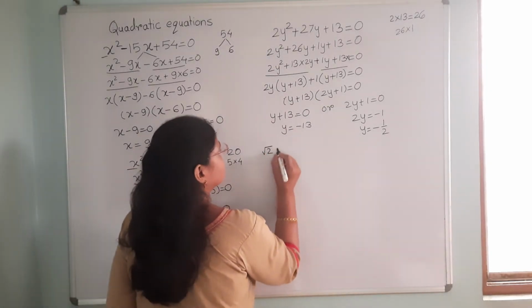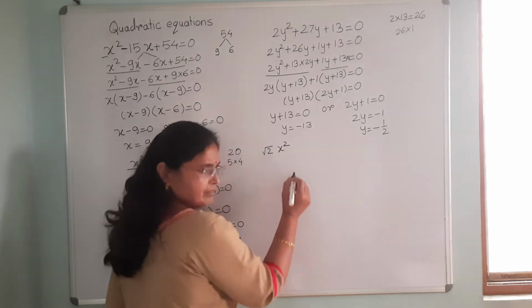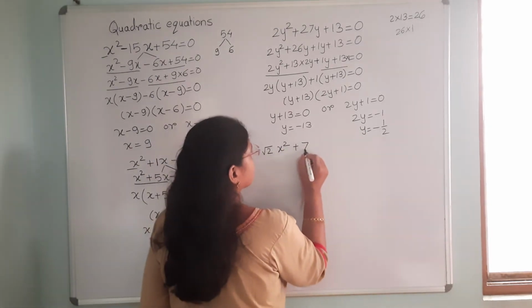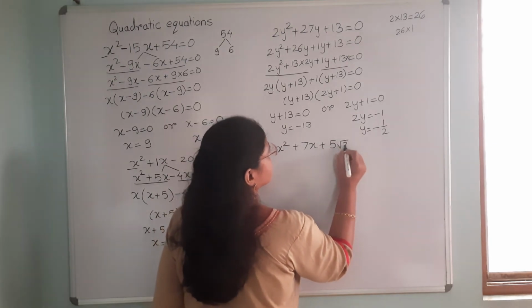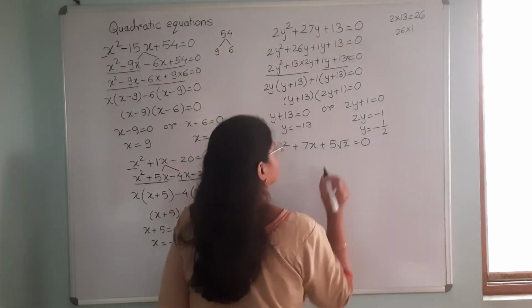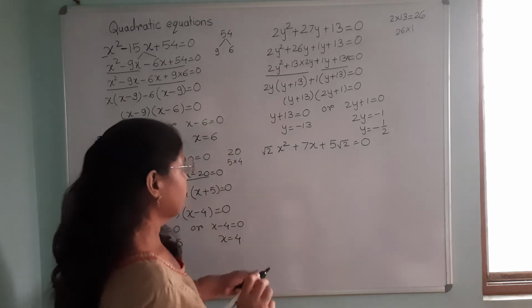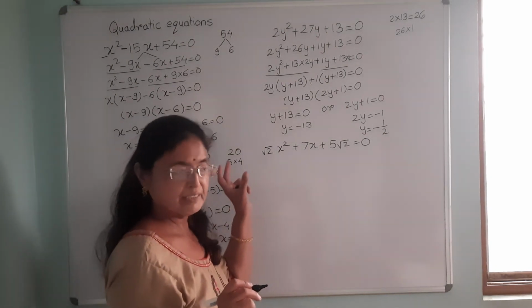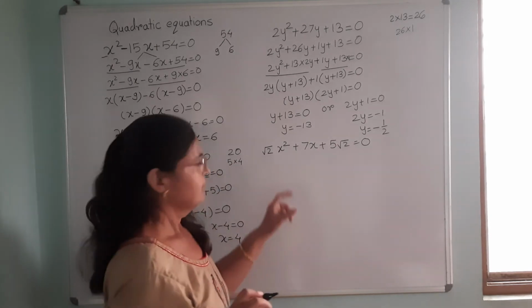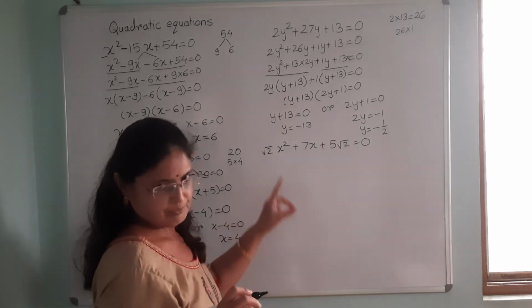Under root 2 x square plus 7x plus 5 under root 2 equal to 0. We don't have to worry about the under root 2 here. They are the coefficients. So it is a quadratic equation.